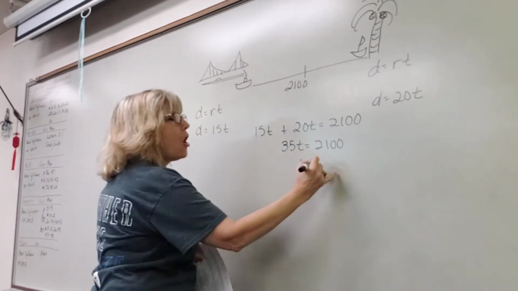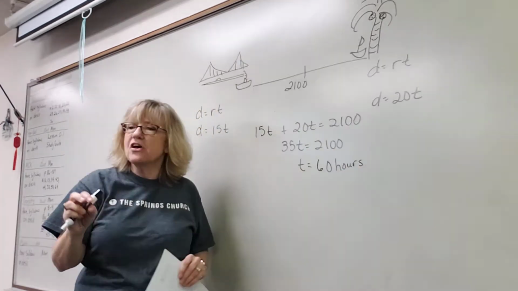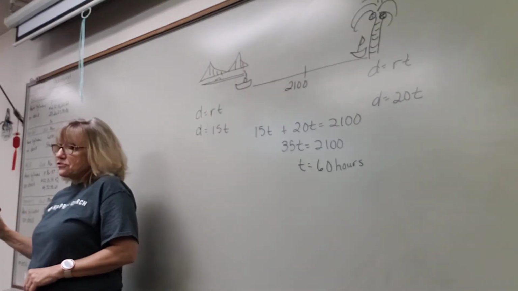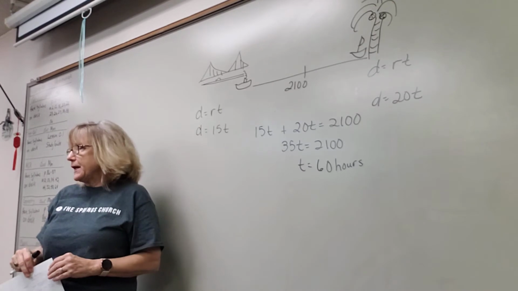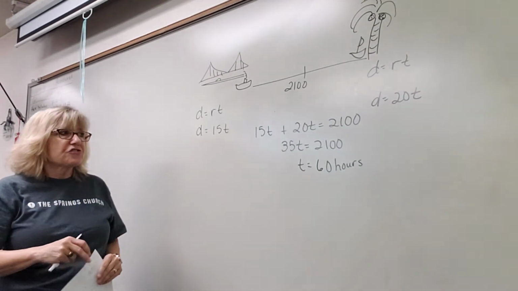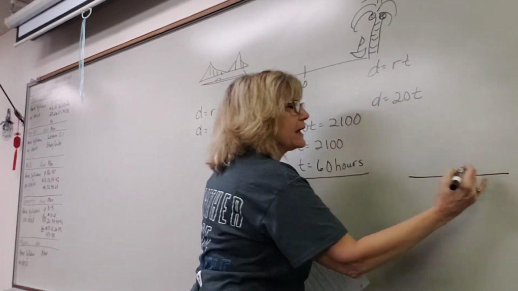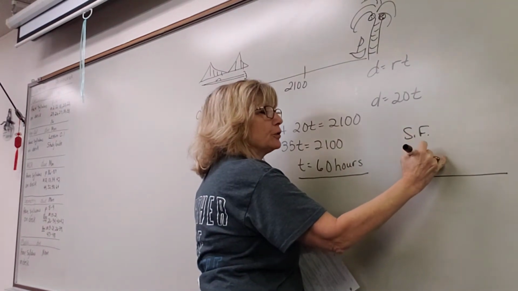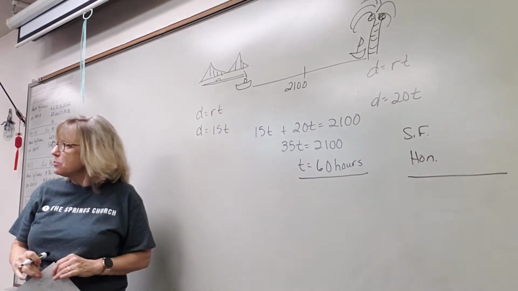On your first blank, because you'll notice that you have two blanks, you should write 60 hours because that's their time. On the next blank, they want to know how far they are from both places. So on your second blank, you could say San Fran, or however you want to abbreviate it, and Honolulu. How far is he from San Francisco?